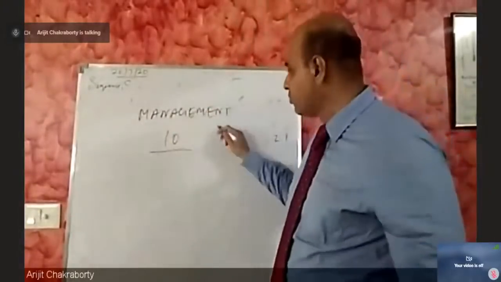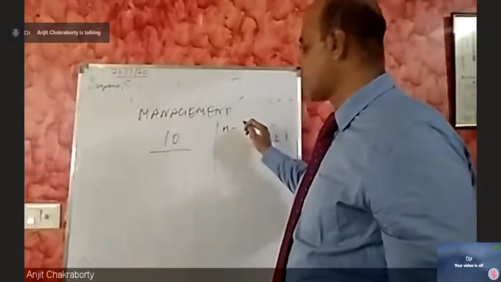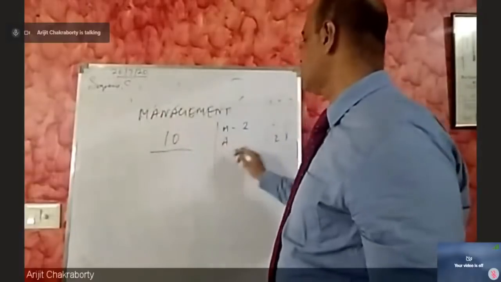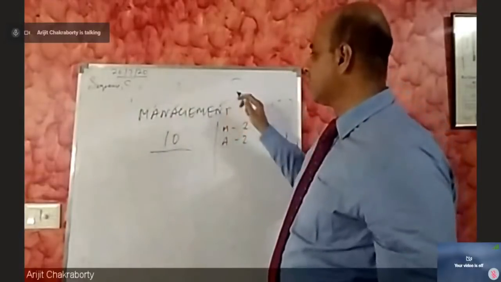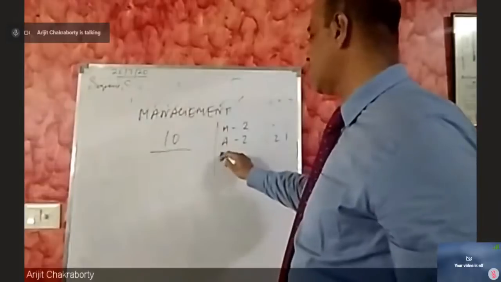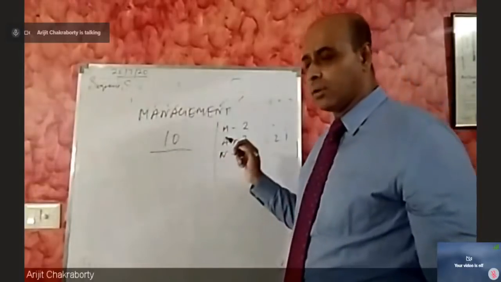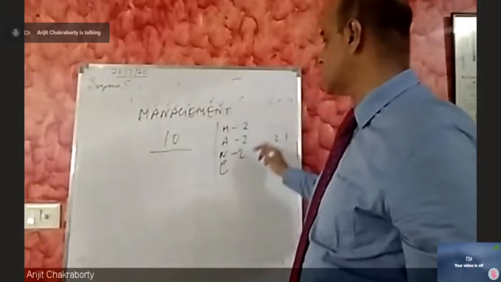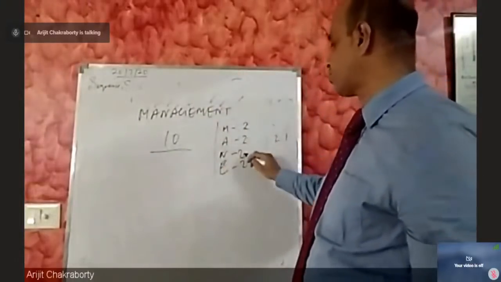M is coming 2 times, A is also coming 2 times, N is coming 2 times, and we also have E, which is coming 2 times. So we have 4 repeating letters.